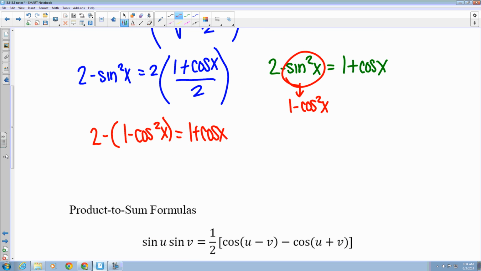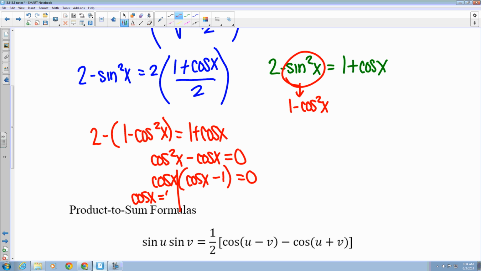So now if I rearrange, I'm left with positive cosine squared x minus cosine x equals 0. Factor out cosine. Set them both equal to 0. And our x's are pi over 2, 3 pi over 2, and 0.